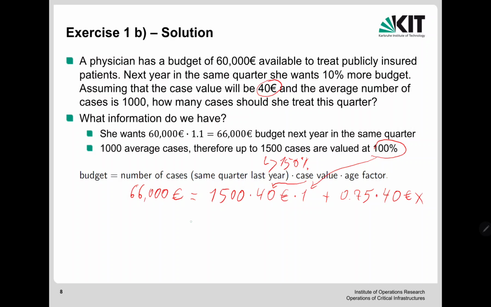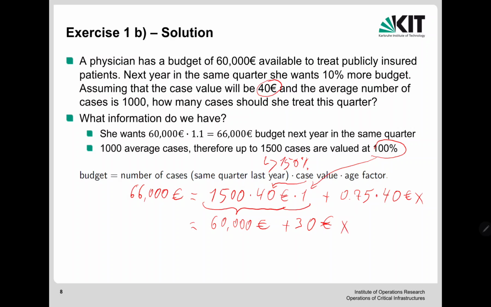Okay, and obviously we have here 60,000 euros for the first cases, and then everything above will be evaluated at 30 euros only. So she won't get 40 euros anymore, but she will get 30 euros for every patient above 1,500.